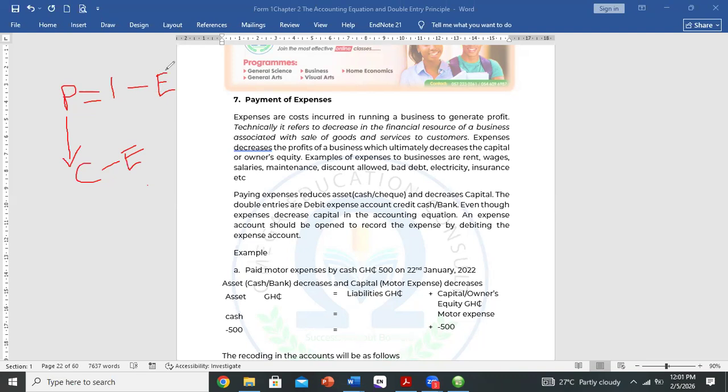So it means expenses affect profits negatively, or it decreases profit. If your expenses are plenty, your profit will be lower. And if your profit is lower, it means your capital will also be decreasing. So if we are looking at the relationship between expense and capital, then we can say expenses decrease capital. Please let me hold on for you to assimilate that before we move on.